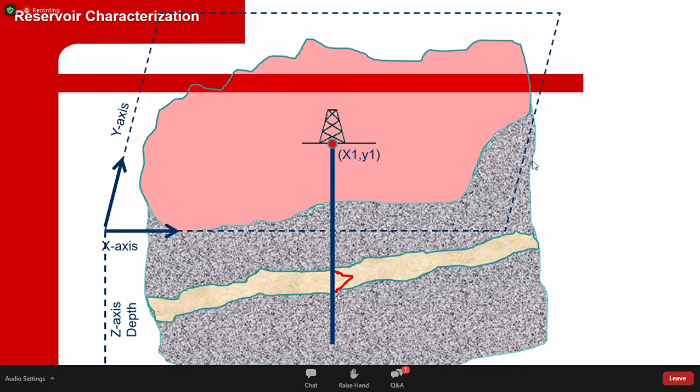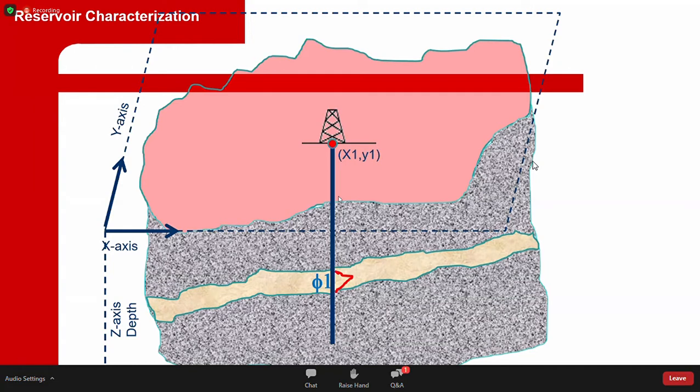From the single well, I can put a histogram here, and I calculate my average porosity. I call it Phi1 for well number one. So I will use the histogram in every single well, and I get the average porosity for each well. I don't need X1 and Y1 for that. It is only in the Z direction. So in the Z direction, I calculate my average porosity using the histogram. Okay, so I did this for the first one.